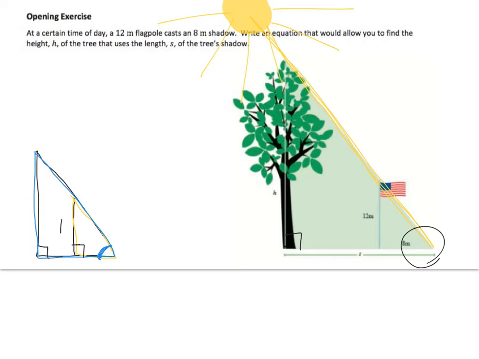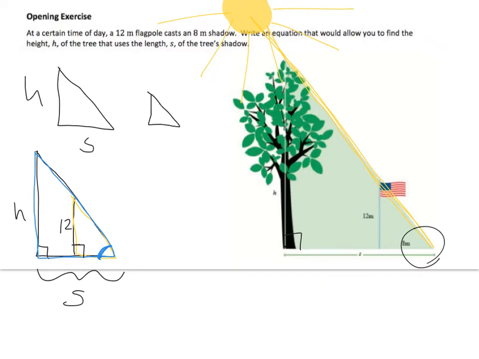Let's see, we have 12 here, h, this whole thing is, I can't read that, looks like Z. Nope, S. That is a funny looking S, but that's okay. So if I draw two separate triangles, we're going to see H and S and 12 and 8.